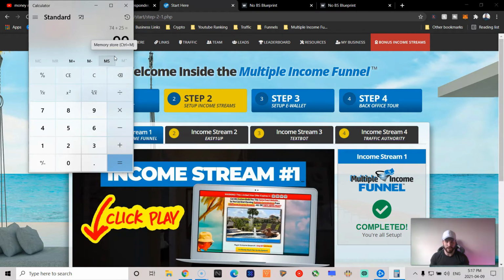So $99 will get you access, and the reason you want to get your reseller's license for traffic authority is because when people go to traffic authority, you can either qualify to earn commissions by buying or selling traffic. So once you sell a certain amount of traffic, you're going to be qualified to earn when people purchase these different packages. So that's one reason why we get income stream number 4 right away.